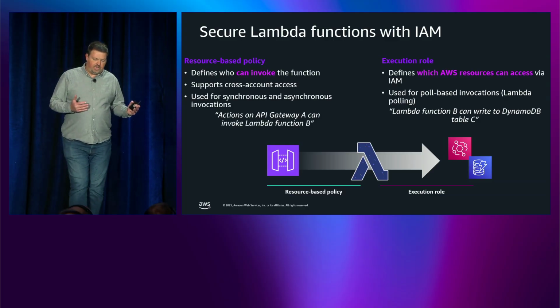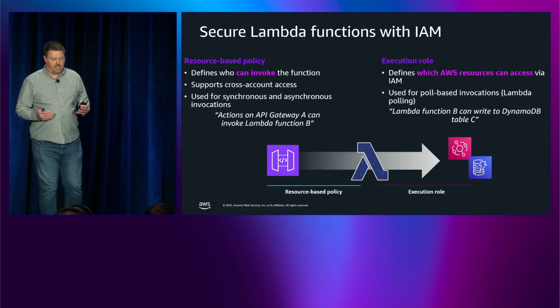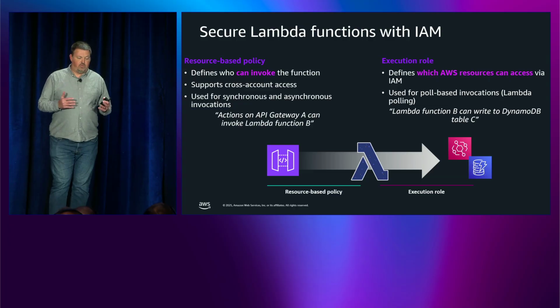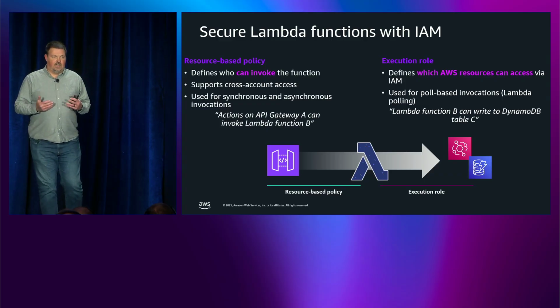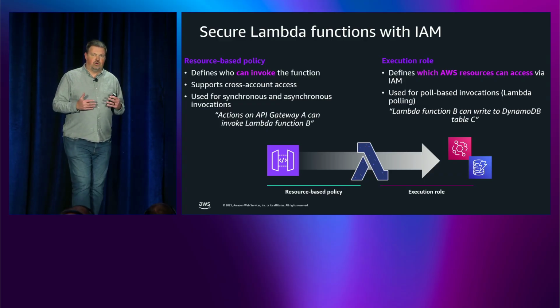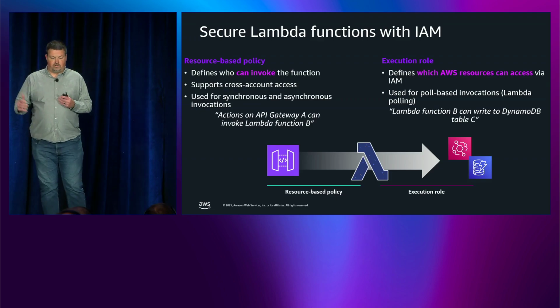So for example, based on our application that we're working with, maybe that API Gateway, we want to give it access to invoke our Lambda function as those activities are coming in and need to be processed. So we'll create a resource-based policy to do that. But we'll also give it that execution role so the Lambda function can write those activities out to DynamoDB.